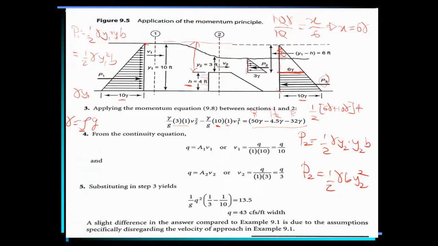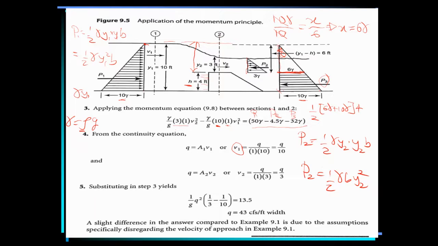The only unknown is Q. From the continuity equation, A1 V1 equals Q, so V1 is equal to Q over 10.